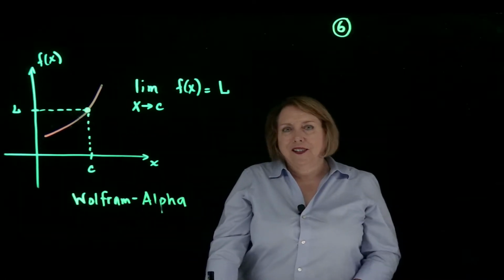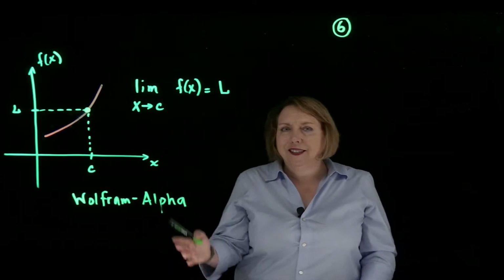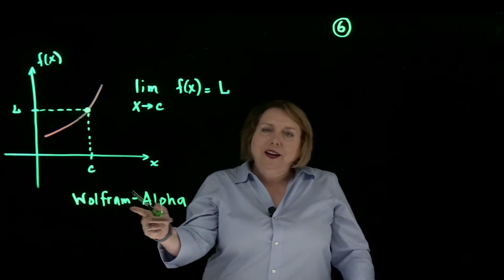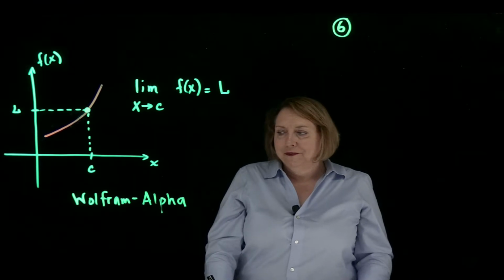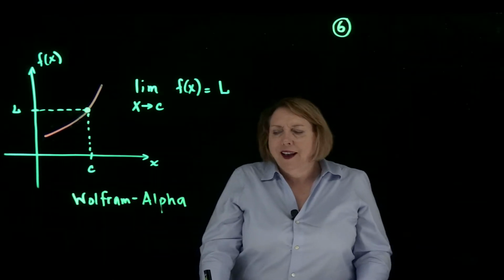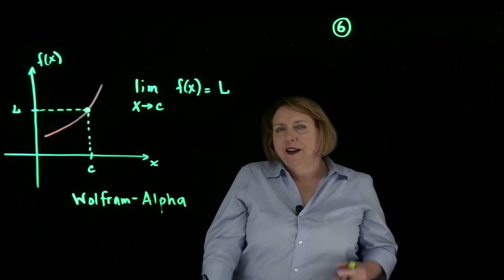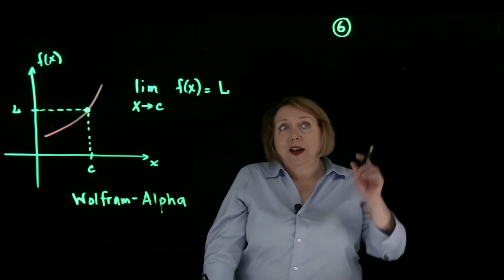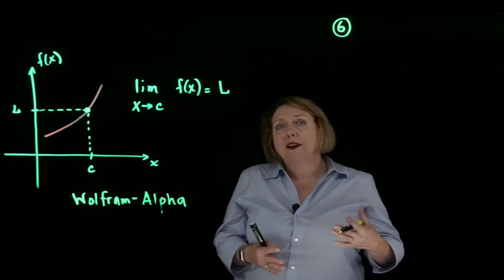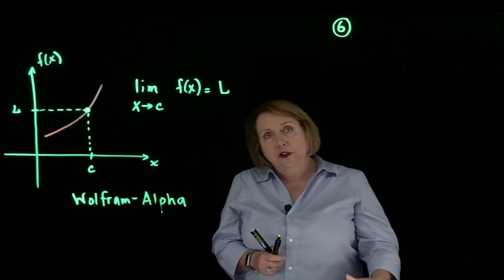Before we get started on limit problem number 6, I want to tell you about a very nice program online that you can find called Wolfram Alpha. I think Wolfram's somebody's name. And it's very easy to use. You can just put in any function you have, including limits, and it will give you the answer. It will also show you how it's found.